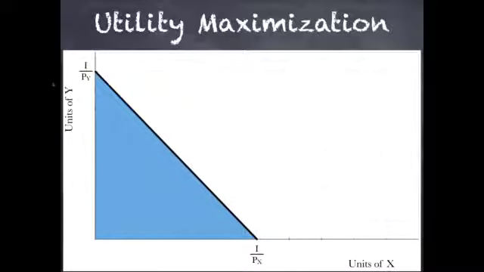So that gives us the two extreme ends, and if we connect those 2 points, that gives us our budget constraint, and the opportunity set is the shaded area inside of the budget constraint.